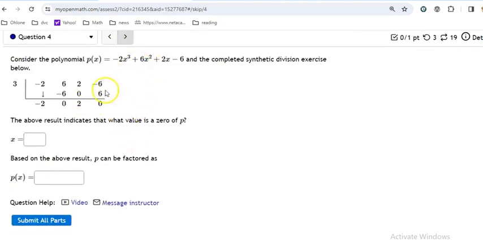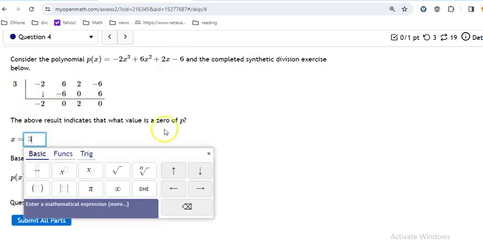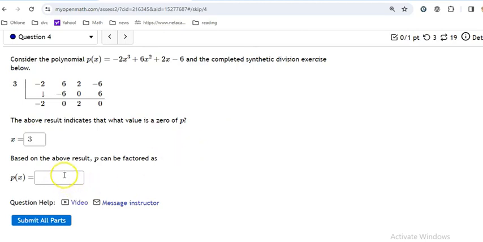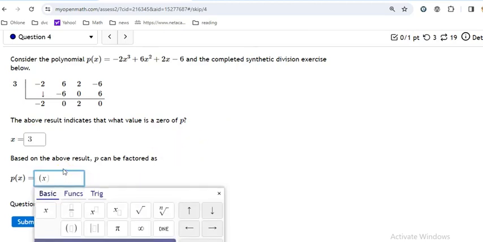Question 4, you have this polynomial and someone has completed a synthetic division. The results show that what value is a 0 of p. So because my remainder is 0 after the synthetic division, I know that we're dividing by 3. That means x equal to 3 is a 0. And so it can be factored as x minus 3, because this also tells us that x minus 3 is a factor.